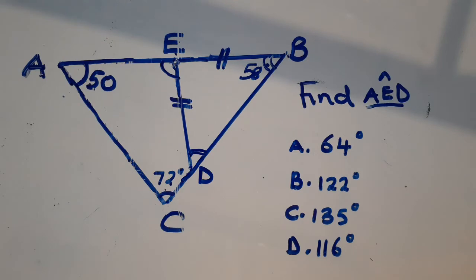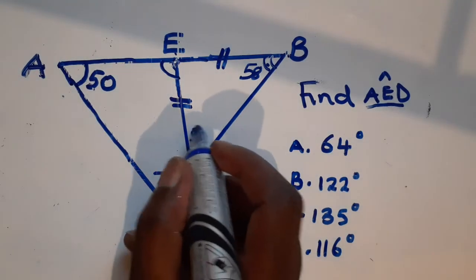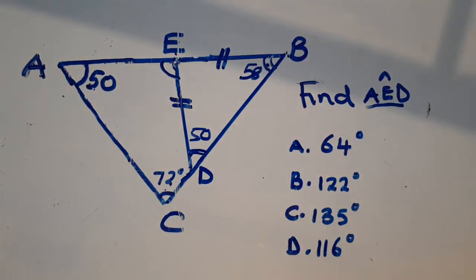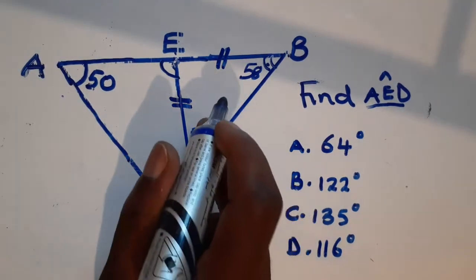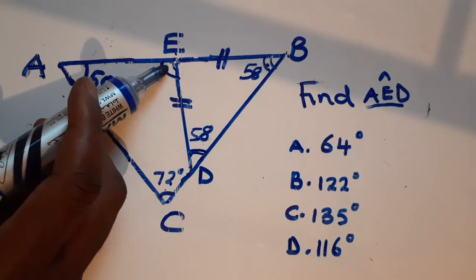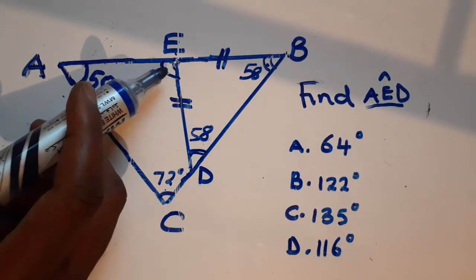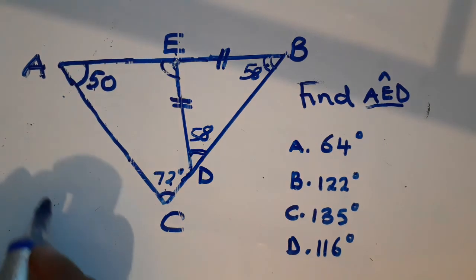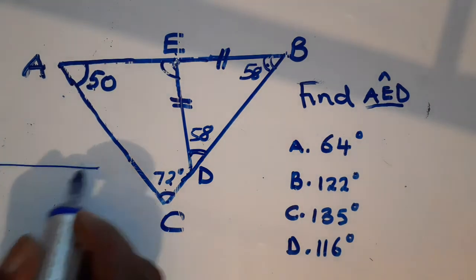Therefore, we can as well conclude that even this angle here is what? Is 58. Now, remember, 58. Remember that the angle that we want is this one here. So, there is this rule. I don't know if you have forgotten it.